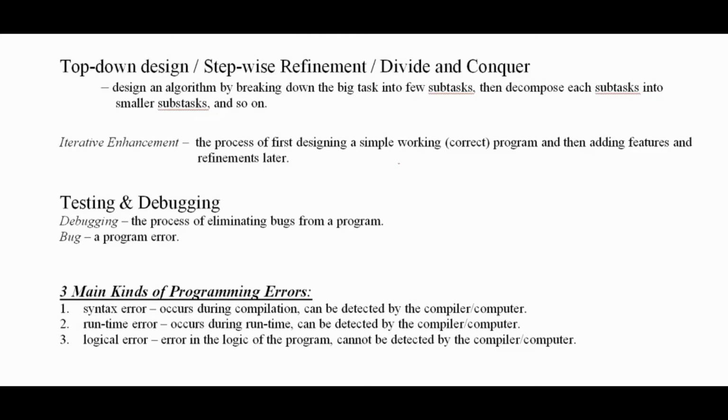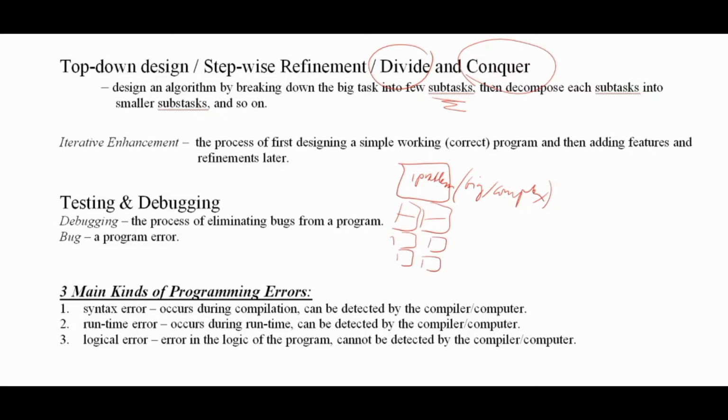So again, we are given one programming problem, and since this is a big and complex problem, the way to solve this is to divide it into subtasks, and then once they are in their smallest or simplest form, you conquer each smallest subtask. So first you divide it into two maybe, and then into 4, and then you continue decomposing until the resulting problem consists of many small pieces.